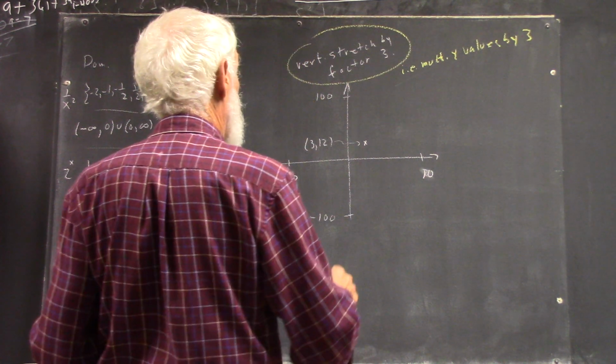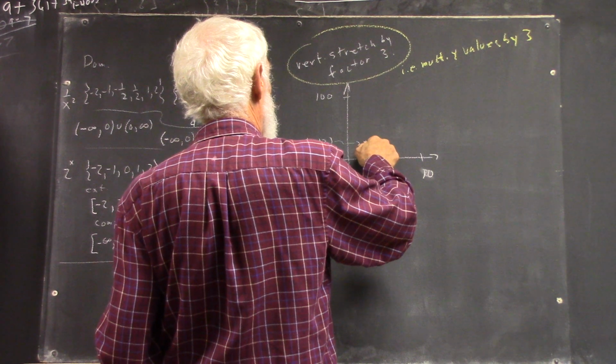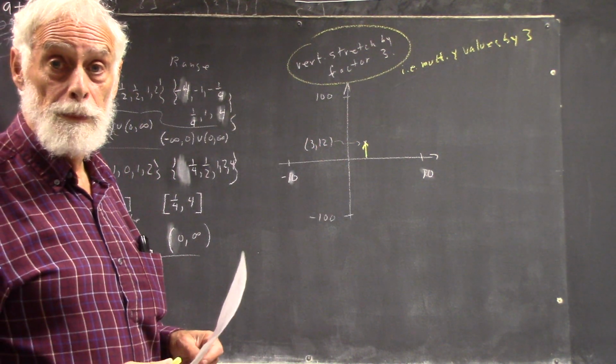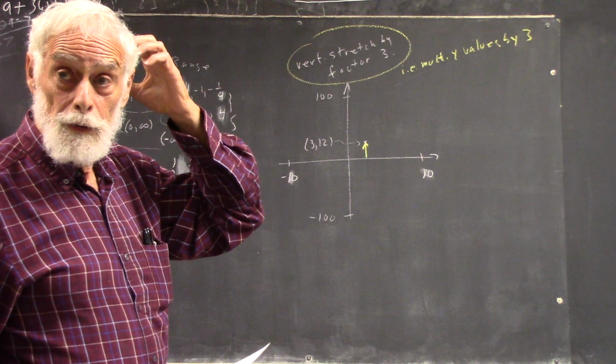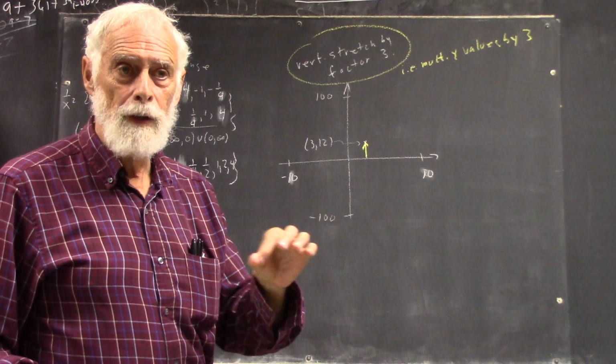Well, what's the Y value? And I want to see the arrows. Here's your Y value. That arrow has a length that's equal to the Y value. Y value happens to be 12, but I want to see the arrows. I don't want to see you say, well, 3 times 12 is 36. I want to see the arrows, okay?